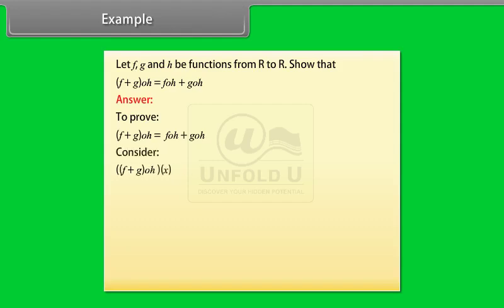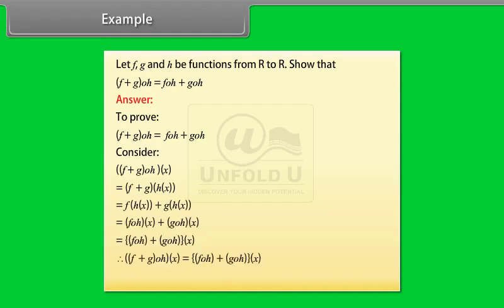Consider f plus g of h of x, which is equal to f plus g of h of x. On solving, we get f plus g of h is equal to f of h plus g of h. Hence proved.